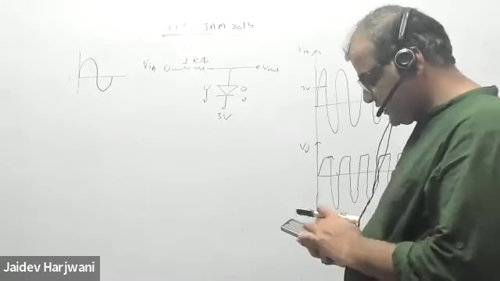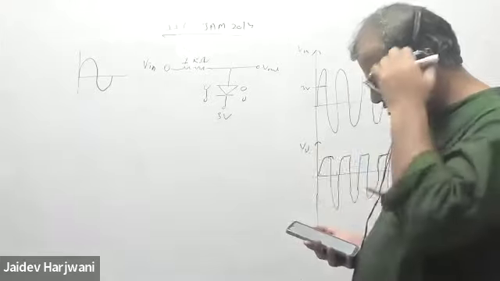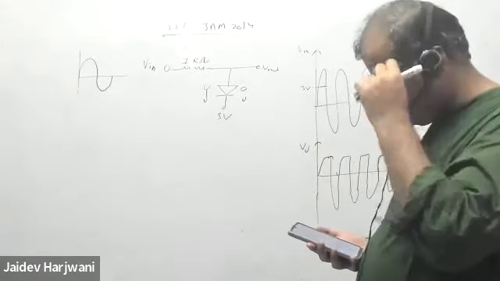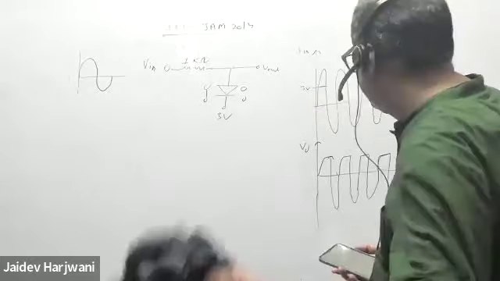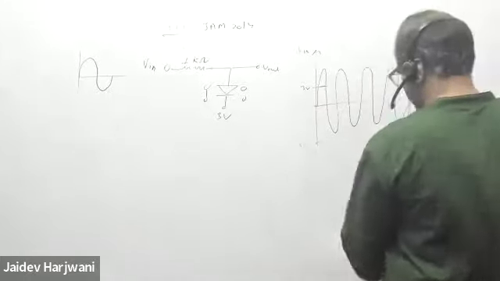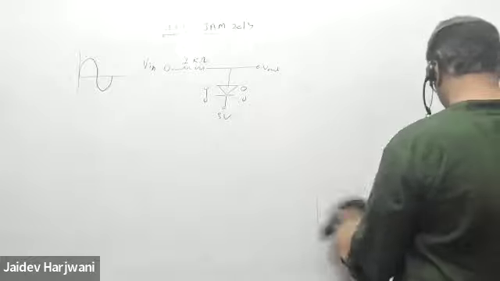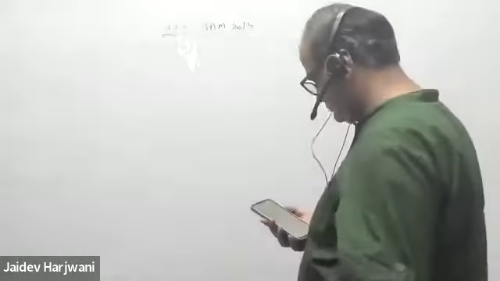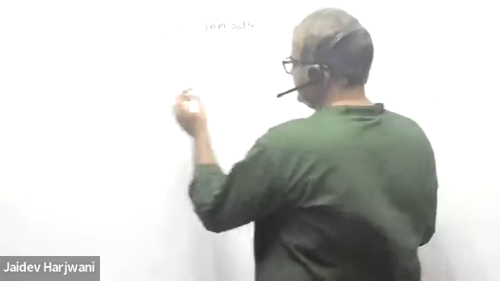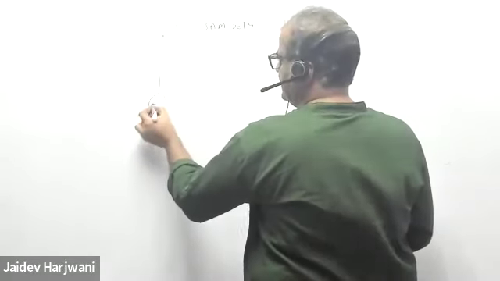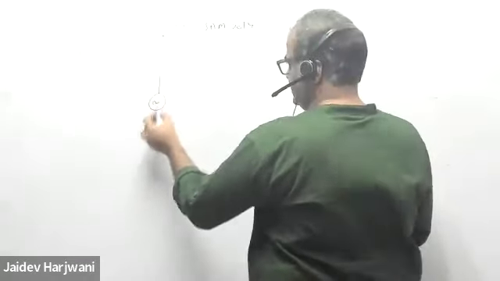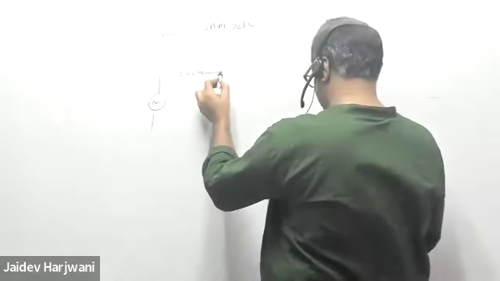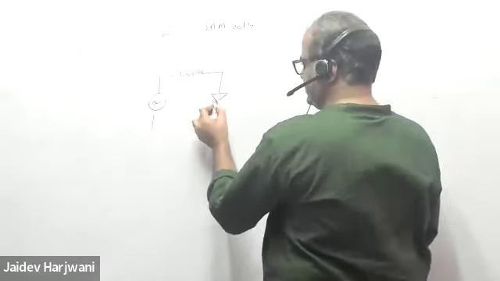What about questions? Next question from IIT JEE 2017. It is slightly changed. So you have a circuit. This is your R. This is your diode.